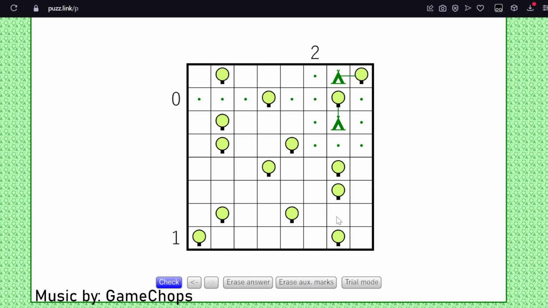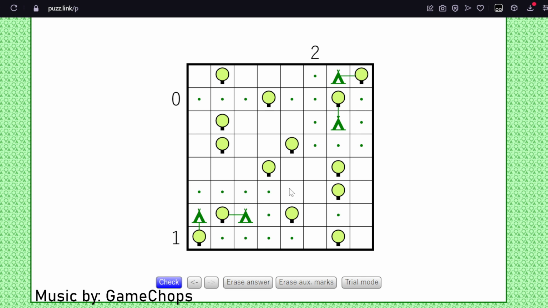Well, this cannot be a tent then, because if it was, then none of those would be tents, and then you wouldn't be able to fill this column with 2 of them. So this cannot be a tent, which means now that this tree must have a tent here or there, and therefore that will complete this row. So none of those are tents. This tree cannot be completed, so those are not tents. Now this tree can be completed.